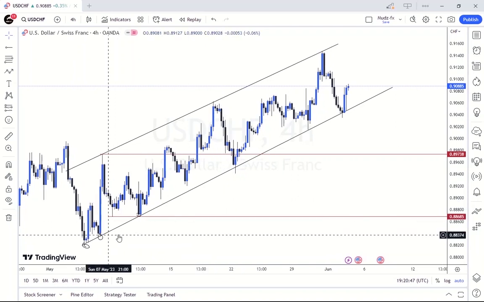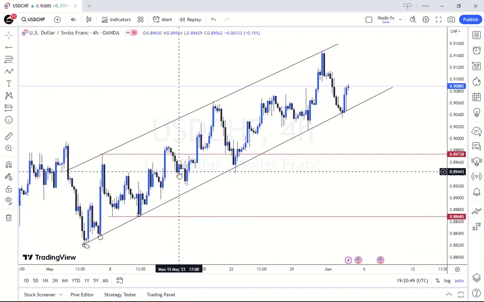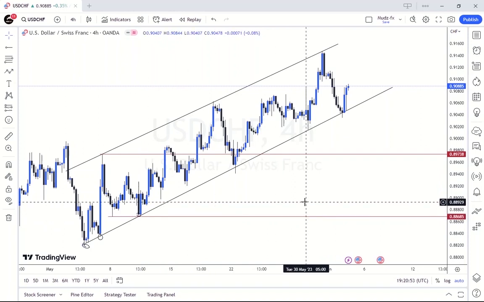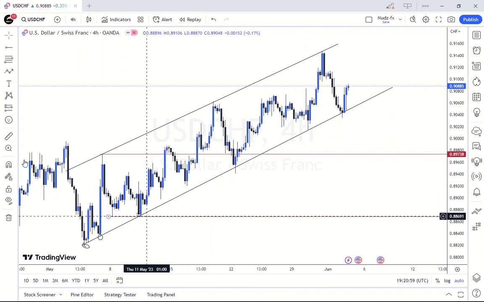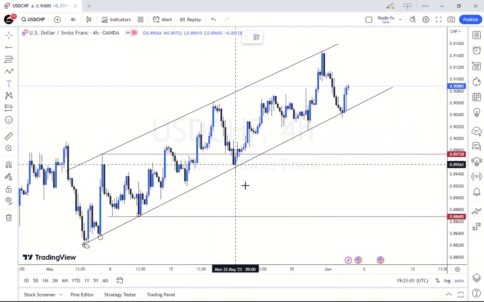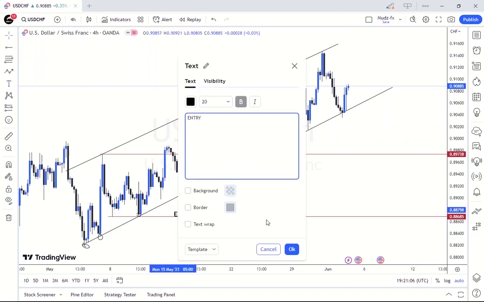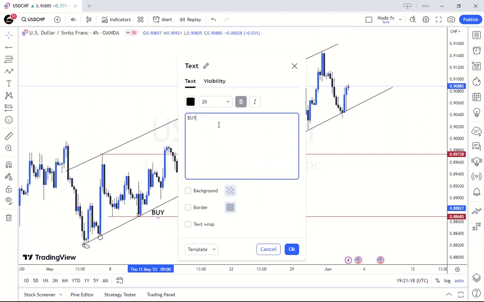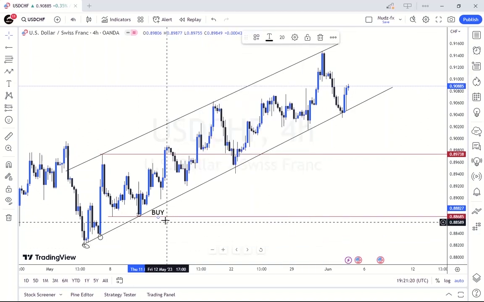So in this scenario here, we're gonna be doing the same thing that we did on the previous trend line that we were talking about. So this one is going to be our entry point on number 3, and we're gonna buy from here.